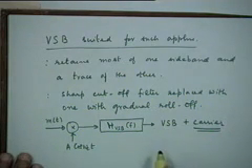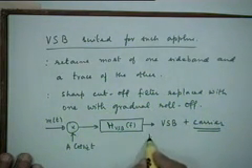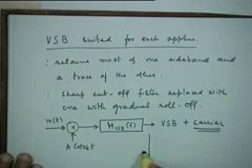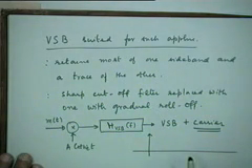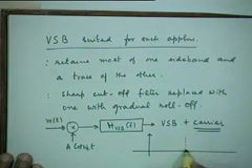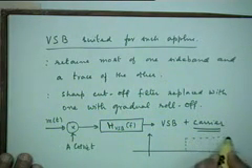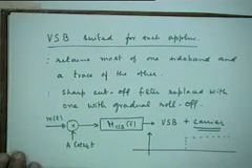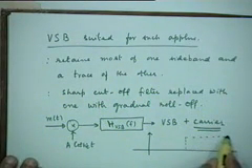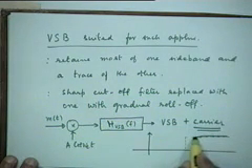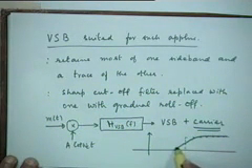Right? And this H VSB of f, suppose we want the upper sideband, it will not now be a filter which has this ideal requirement, right? It will indeed allow a gradual roll off like that.